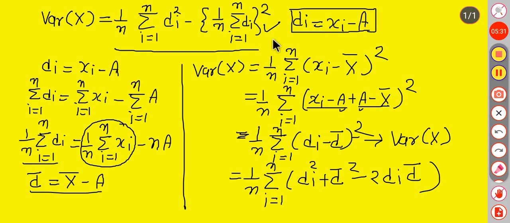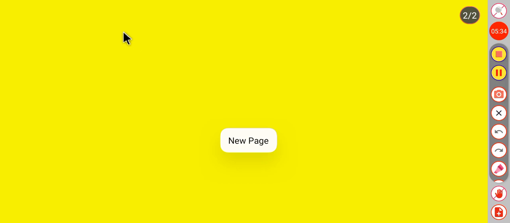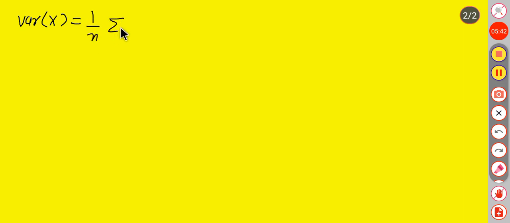So let us take another page, and the variance of x is equal to 1 upon n summation over i from 1 to n of di whole square plus d bar whole square minus 2 di d bar.